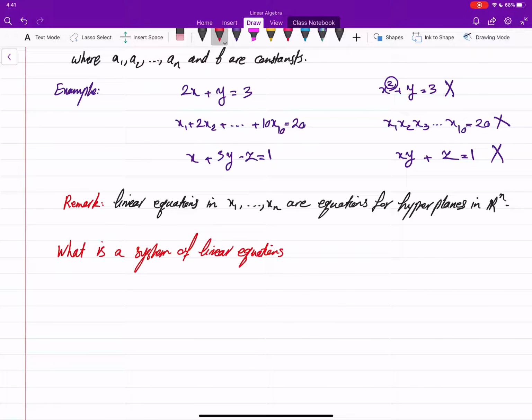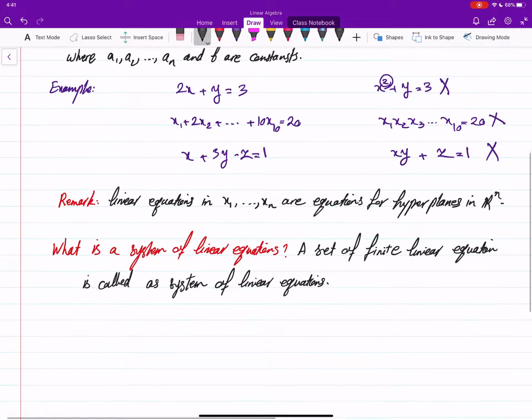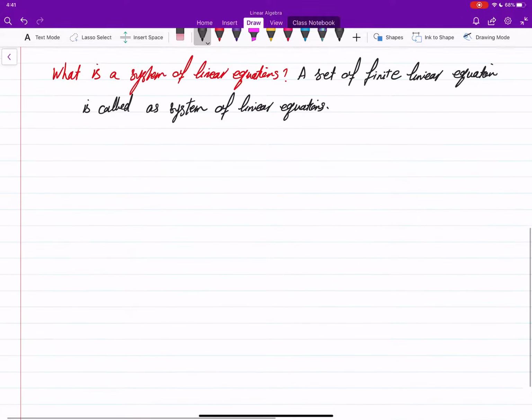A finite set of linear equations together is called a system of linear equations. So you put a bunch of these together, and we call it a system.